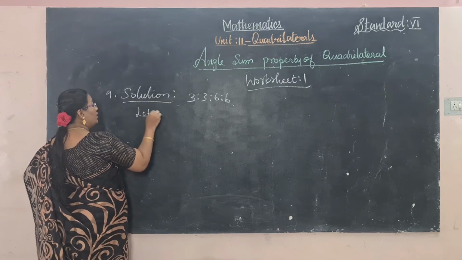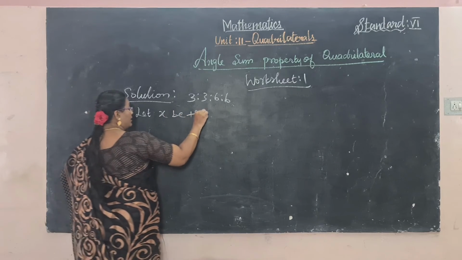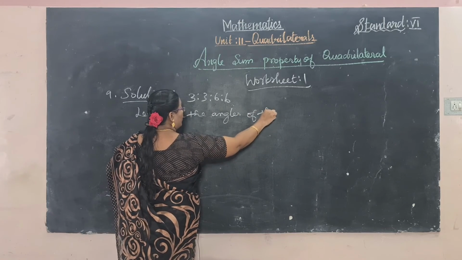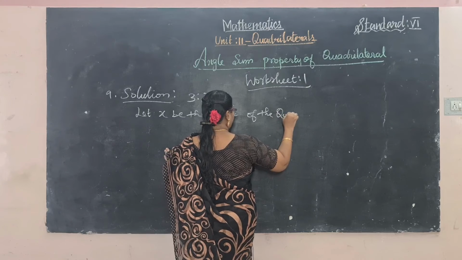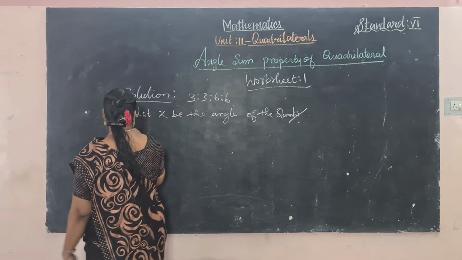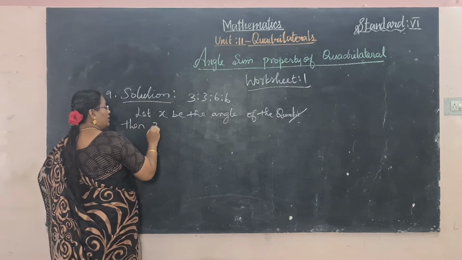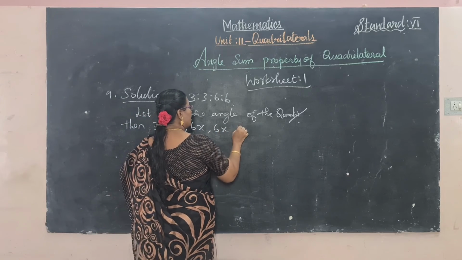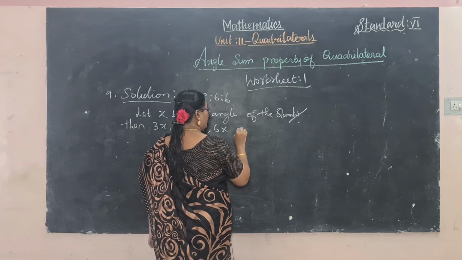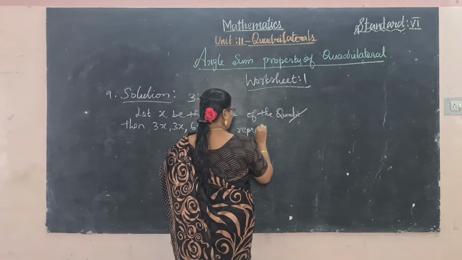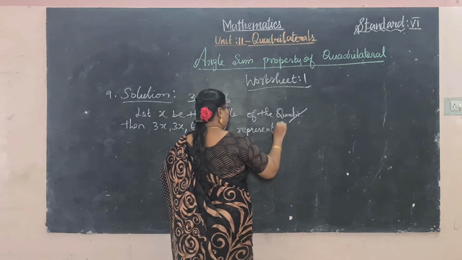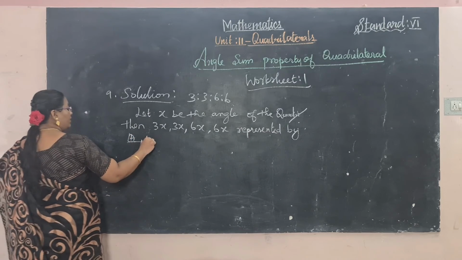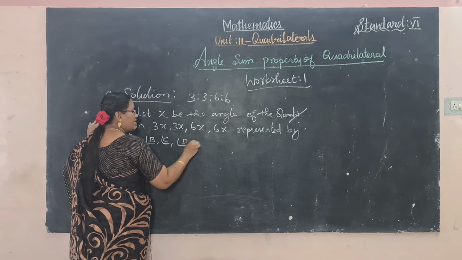As usual, let x be the angle of the quadrilateral. Then 3x, 3x, 6x, 6x are represented by angle A, angle B, angle C, angle D respectively.